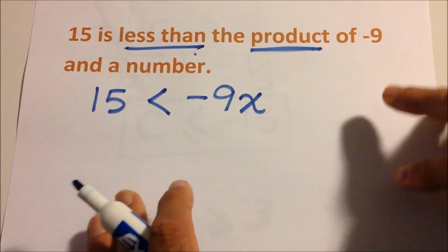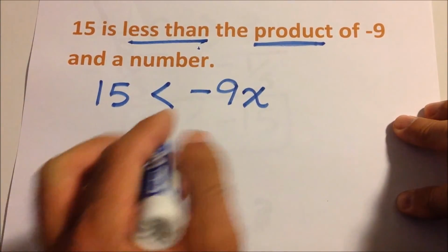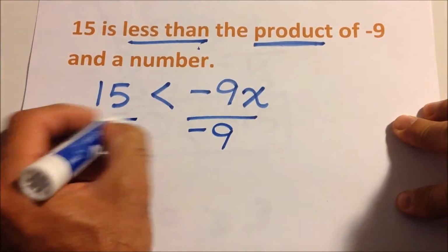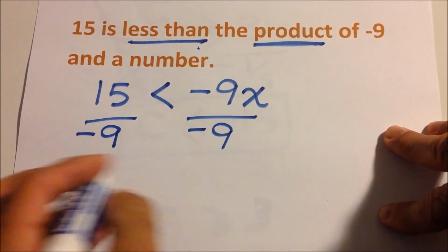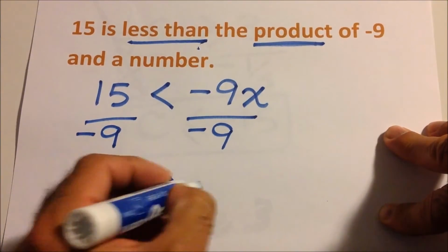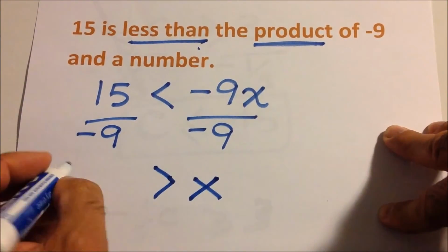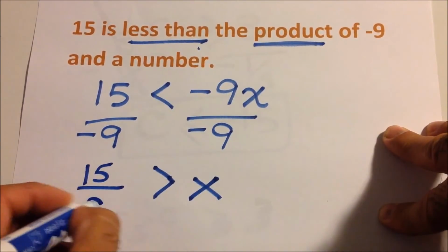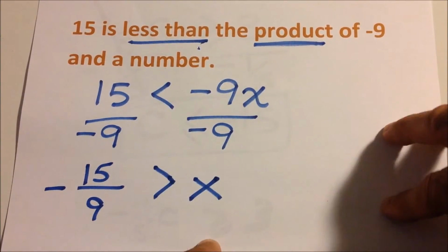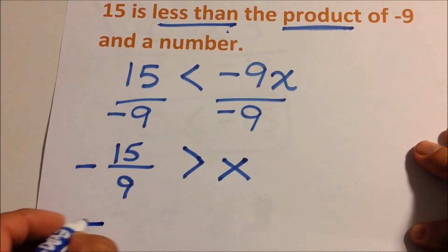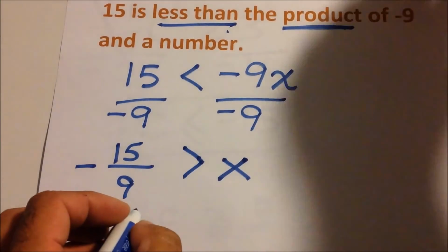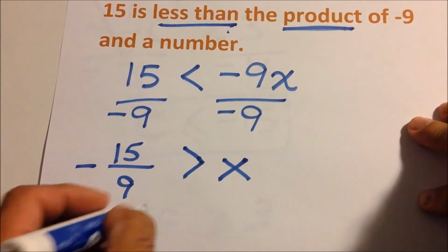There we have it. And if we want to solve something like this, divide the negative 9 on both sides. And we know if we divided by a negative on both sides, the symbol will be flipped. So negative 15/9 is greater than x. You can leave that as an improper fraction, or you can say negative 1 and 6/9, and you can reduce it.